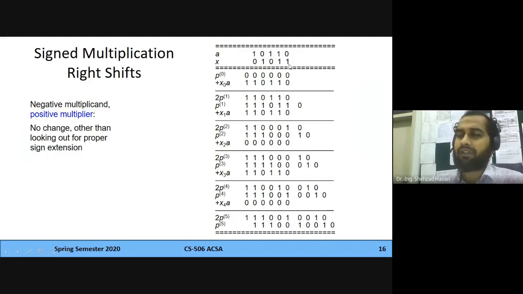Again, the same thing. We are going to start with the LSB 1 over here. Initially, our first step would be to take the partial product as 0. This extra bit here, the 6th bit, you can ignore if you are quite experienced. But as a beginner, I would say that you keep this extra bit here, because it is going to help you in determining what should be shifted into that number.